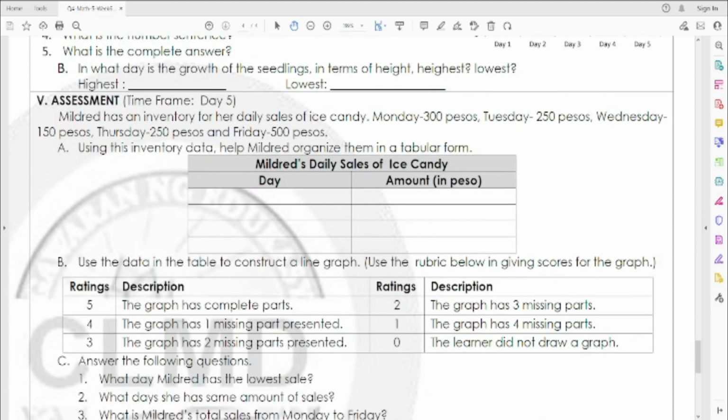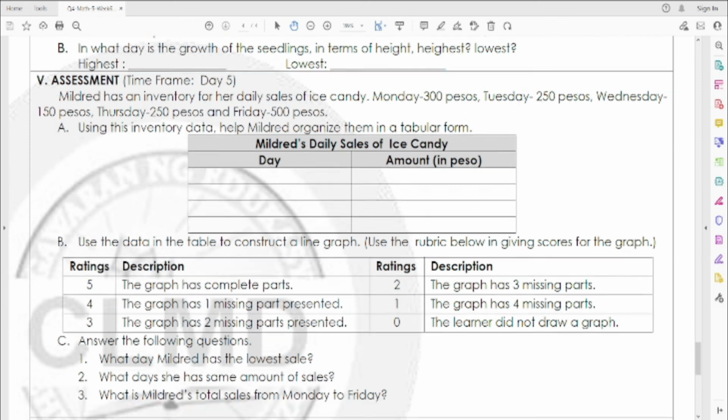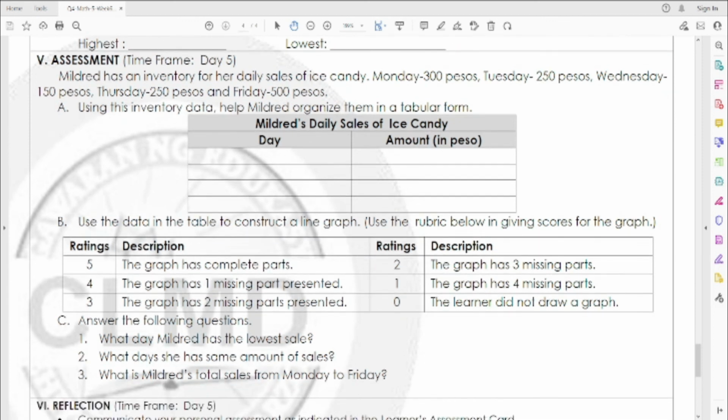You will first write the information in your table: day in this column, the amount each day. Then for letter B, use the data in the table to construct a line graph. You will create a line graph after you fill in this table.